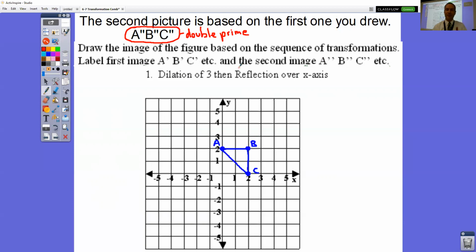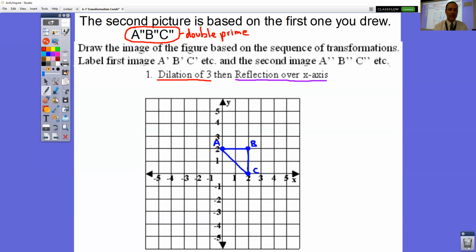You are going to end up with a total of 3 pictures on each graph today. So it says, draw the image of the figure based on the sequence of transformations. Notice in our sequence, we have a dilation of 3, then we have a reflection over the x-axis.